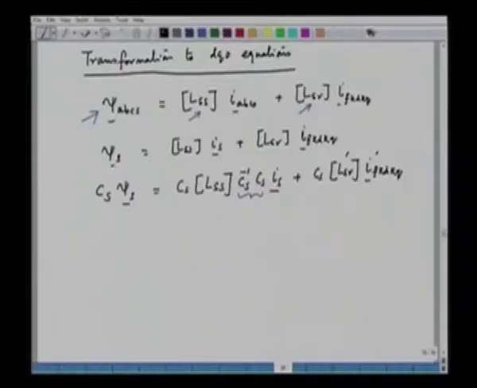Now if we see, this will be giving us psi_DQOS.